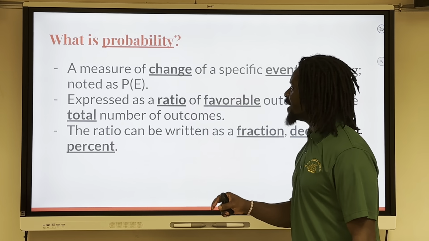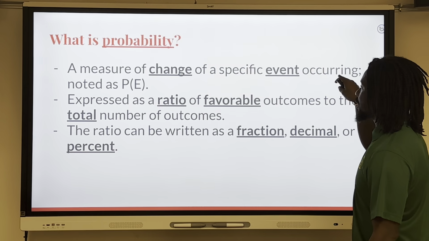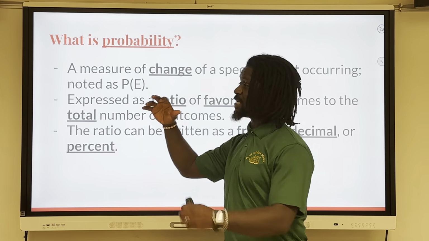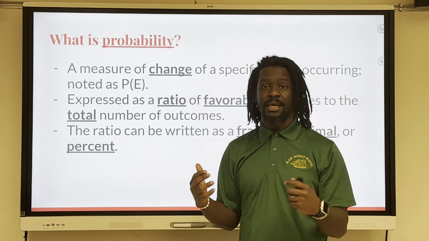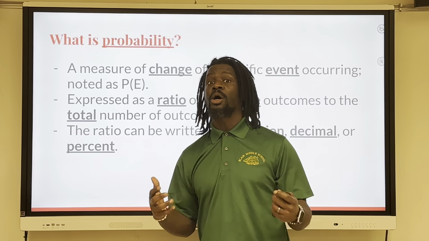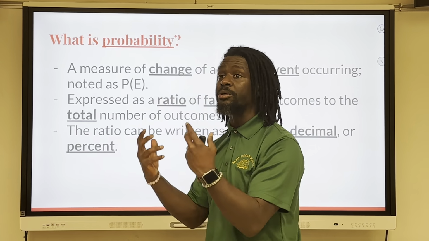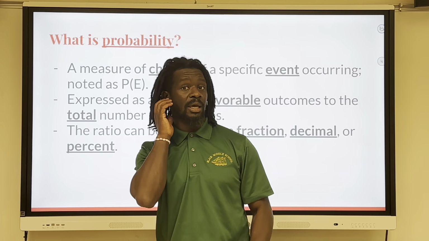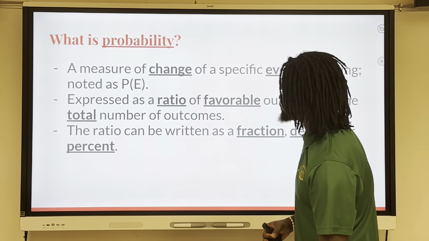Probability is a measure of chance of a specific event occurring, right? It is written a lot of times as P and then something in parentheses. We have E for event, but if I was choosing a blue marble, it might be P and then in parentheses blue, or P in parentheses 6 if I'm talking about the chance of me rolling a 6 on a dice.